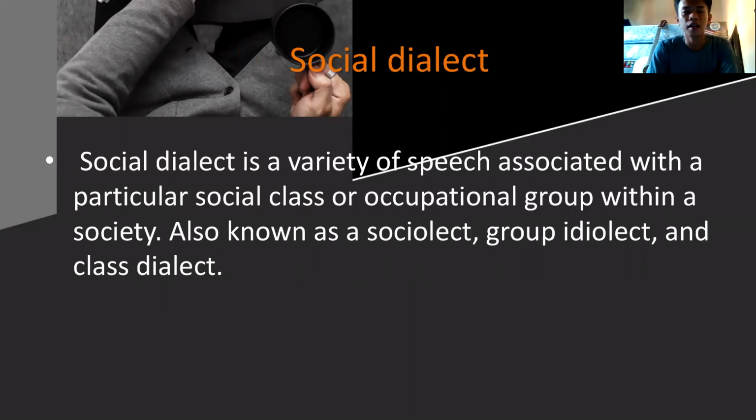And then social dialect. Social dialect is a variety of speech associated with a particular social class or occupational group within a society, also known as a sociolect, group idiolect, and class dialect. And then idiolect.